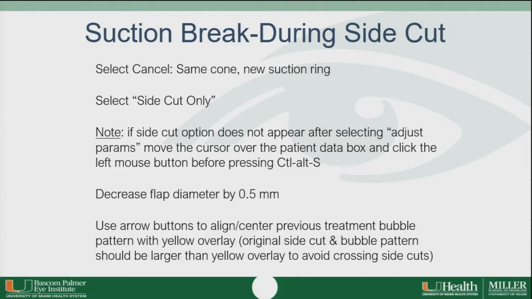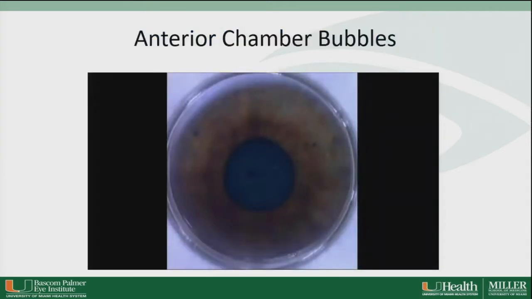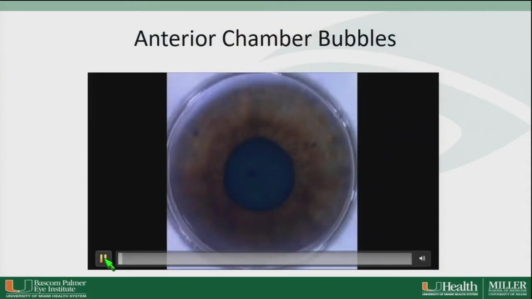And if you have a laser platform such as the FS200 that doesn't have a side cut only software, you can adjust the settings to reduce the lamellar cut energy and increase the line spot separation so that you're essentially delivering no energy in the lamellar pass and just doing the regular energy settings for the side cut.